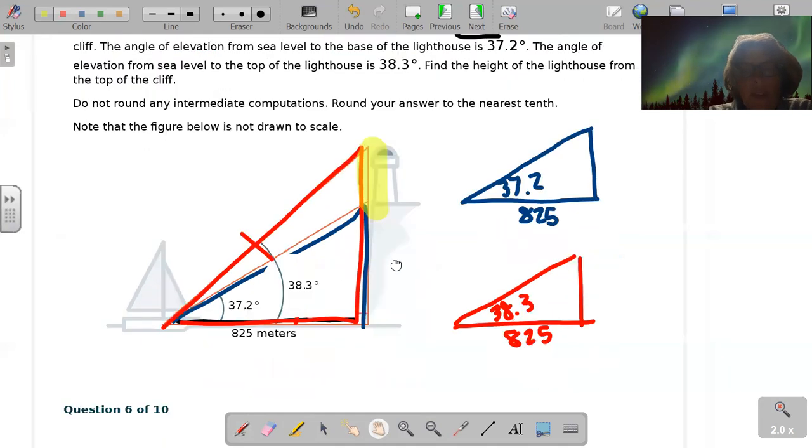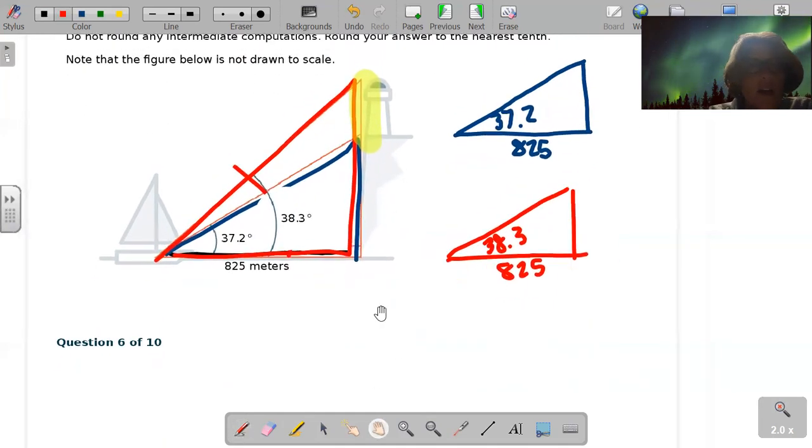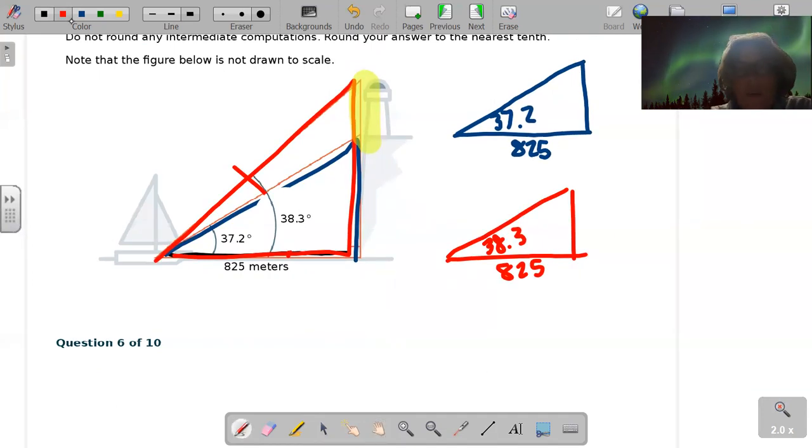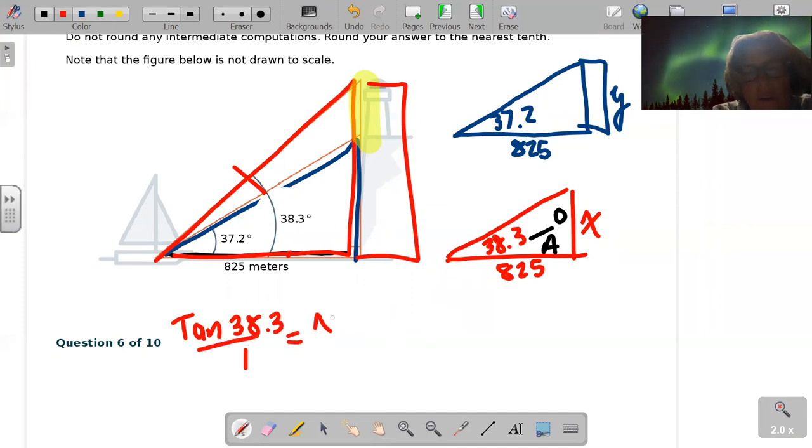So what that means is you take the red and you're going to subtract the green. The red is going to be x, and the green we will make y. And to solve for x, this is the opposite and adjacent. So we would do this. Watch, the tan of 38.3 over 1 equals x over 825.